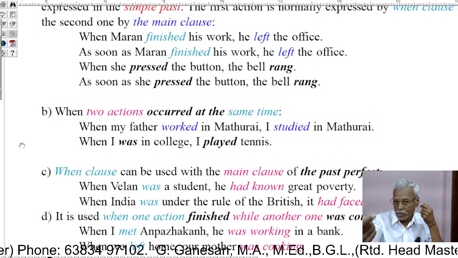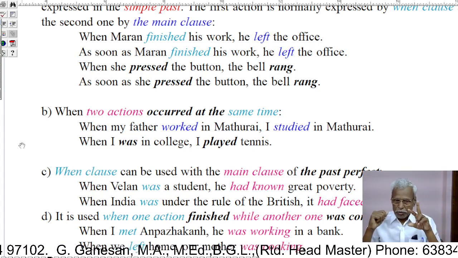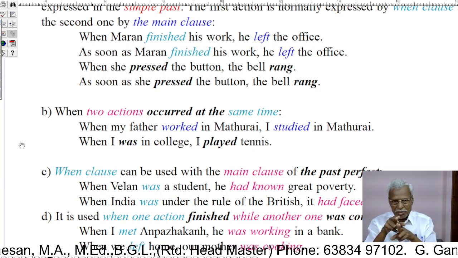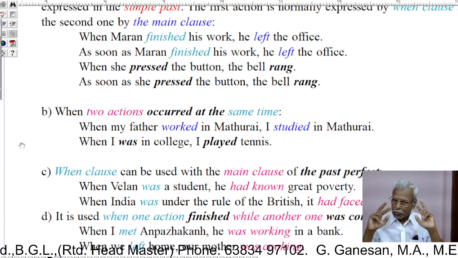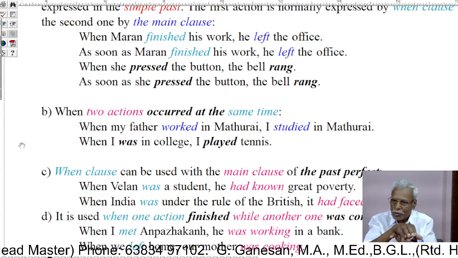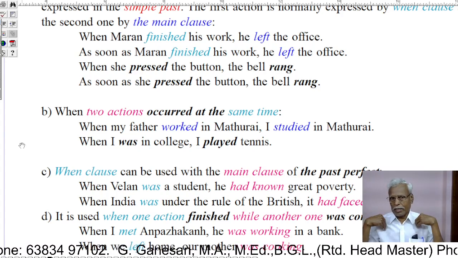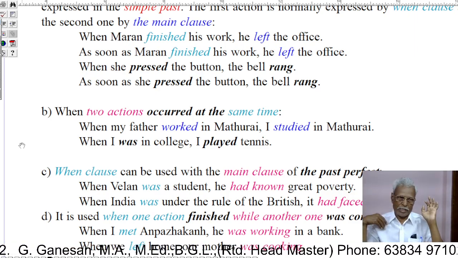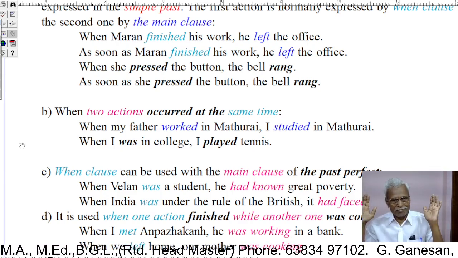In subdivision B, if two actions happened at the same time, or were going on at the same time, the two actions can be expressed using the when clause. When my father was working in some place, I was studying somewhere else.